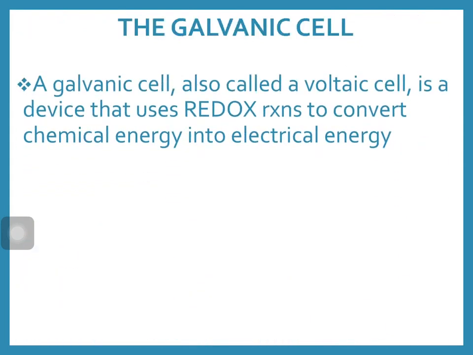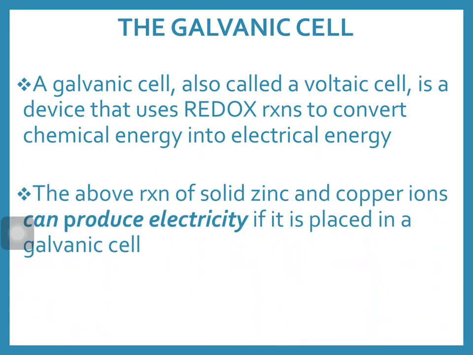So we're going to get into what is a galvanic cell now. That is one where we have redox reactions converting chemical energy into electrical. Electrolytic cells do the reverse. They convert electrical energy into chemical energy.